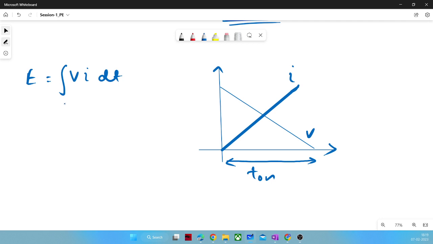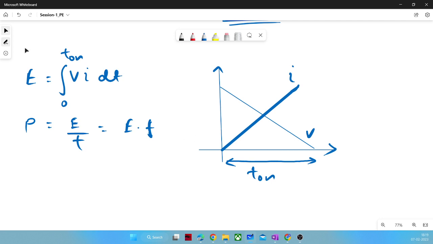How much energy is lost during the turn on period? We can integrate it from 0 to T on, and to find the power, that will be energy by time, so basically E into the switching frequency of the switch.